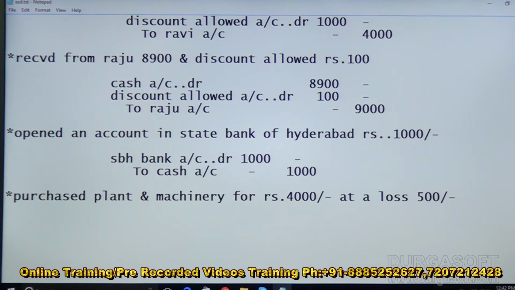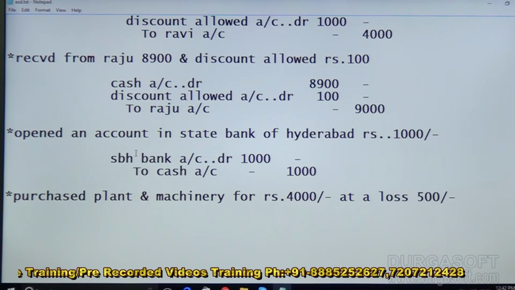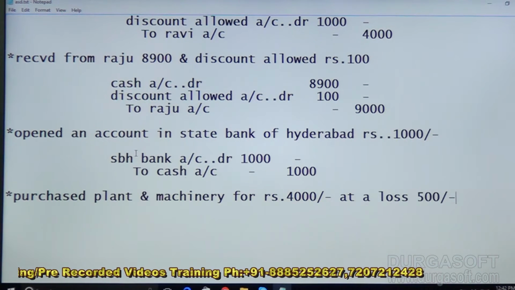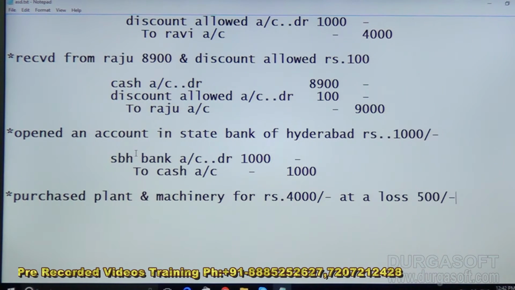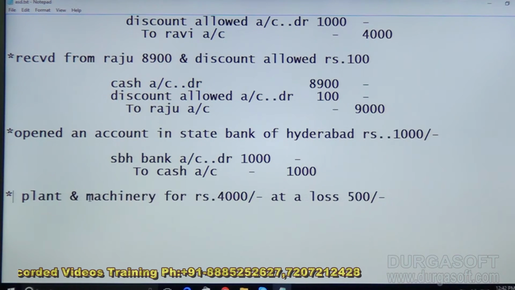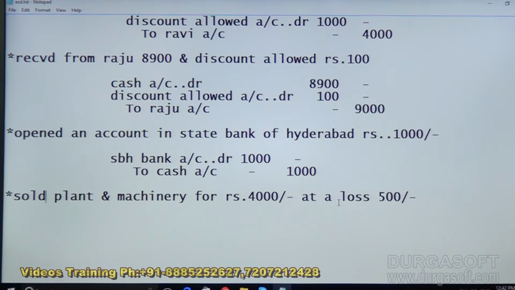So now what is the entry? Or sold: for example, if you sold plant and machinery at a loss, you got the loss. If you are purchasing, you will get a profit, right? Whenever you are facing a loss, how do we write the entry?